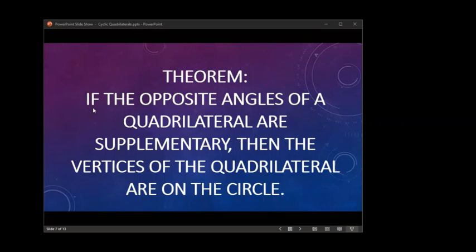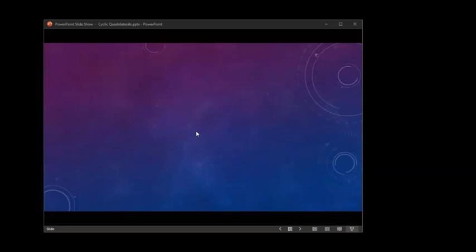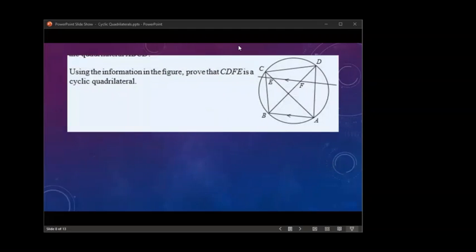Here we are saying the vice versa. If the opposite angles of any quadrilateral are supplementary, then the vertices of that quadrilateral lie on the same circle. Okay, so we can do an example using that, because there is no need to describe it further. That is the vice versa of the previously discussed theorem.